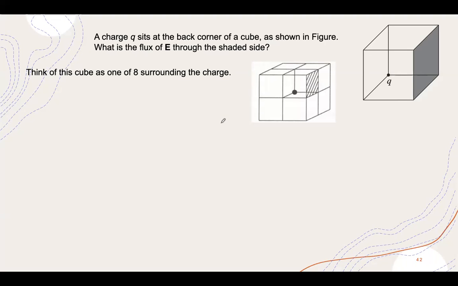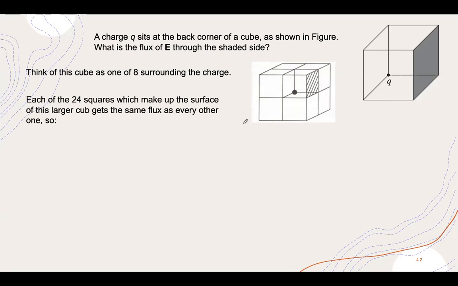So in total, if you calculate, and also the surfaces which are here, they also have 4, 4, 4. So in total, you're going to get 16. Are you sure? Or is it 24? Right? Good. So now you have 24 squares which make up the surface of this larger cube, and each gets the same flux. So that's the symmetry, you see.